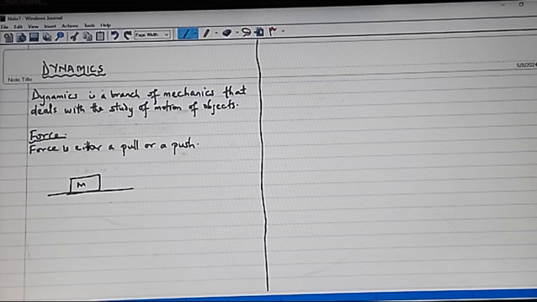So like I said, if I have a body of mass m, and that body moves with a constant acceleration, then according to Newton's second law, the force acting on that body is F equals ma. That is the force acting on the object.